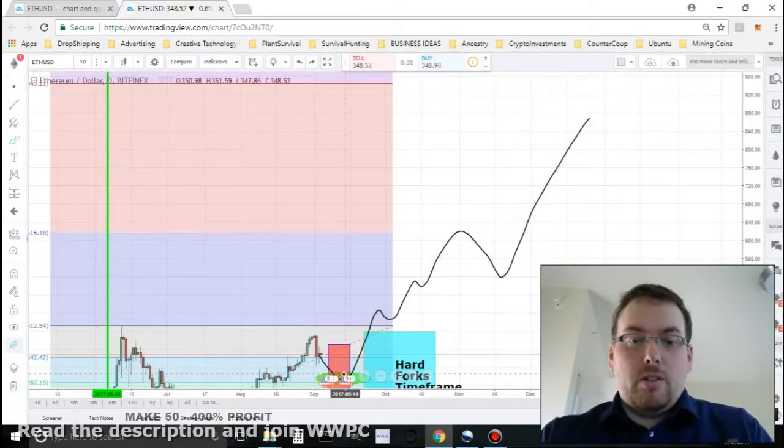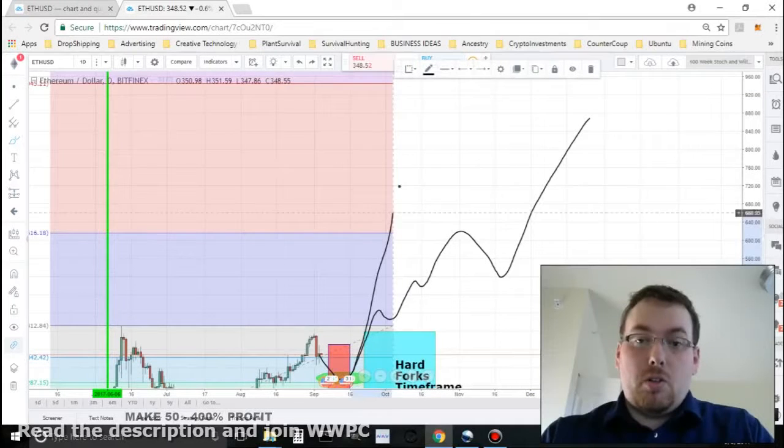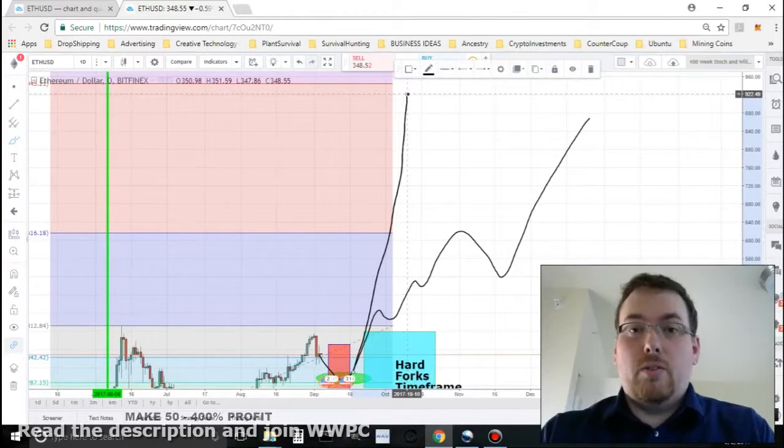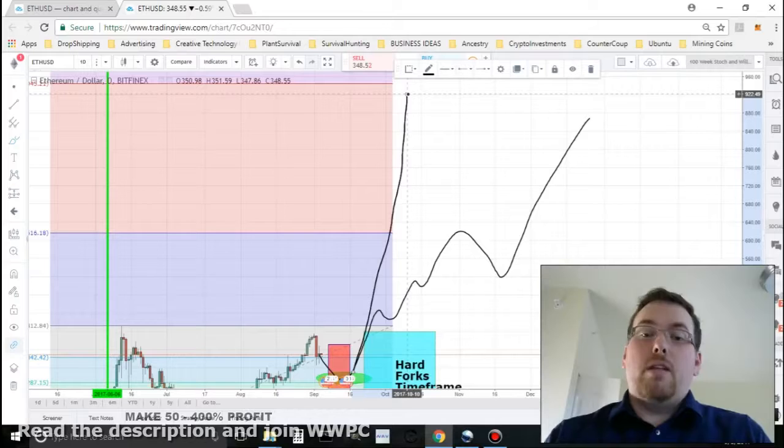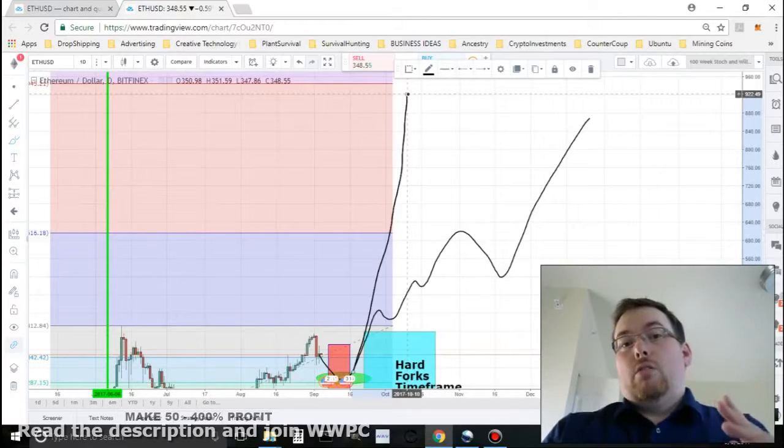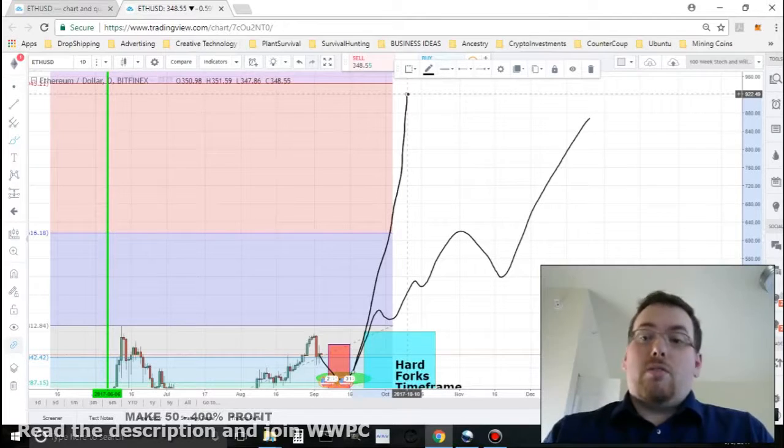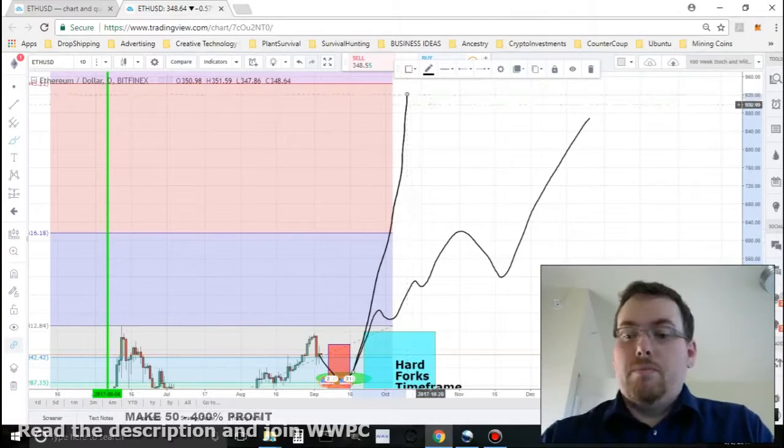So I just want you to understand that a cup and handle does not mean a straight line up to 900 or something like that, because I don't believe that. But as part of a multi-stage rally that goes into 2018, yes, it could get us there to 800 plus on Ethereum. Certainly could happen.